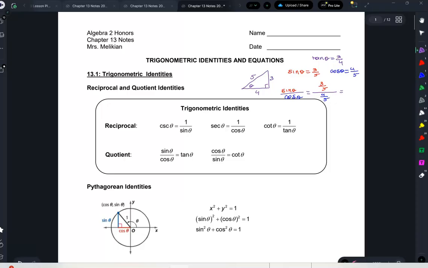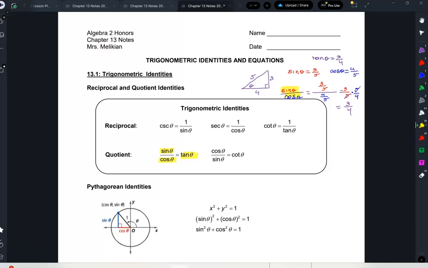This is equal to 3 over 5 times 5 over 4, which is equal to 3 over 4, which is exactly what we said tangent was supposed to be. So another way to find tangent is by doing sine over cosine. So tangent is sine over cosine.